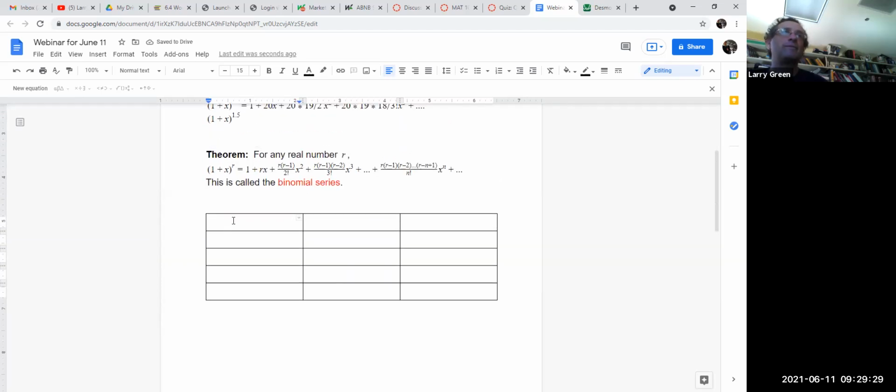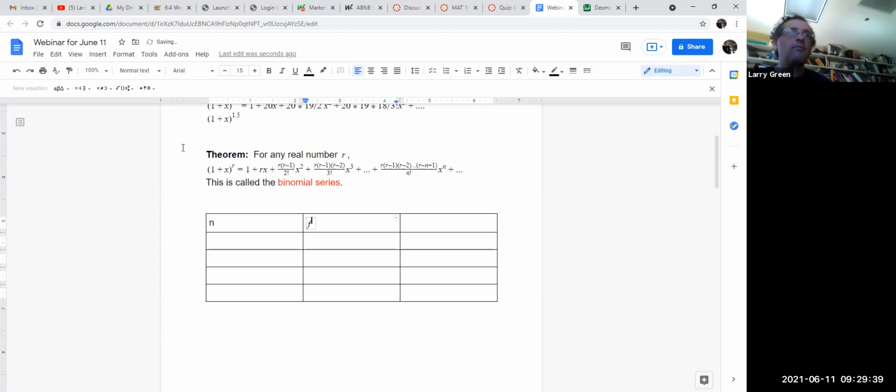I make a table. We have n, and we have f^(n)(x). If n is 0, then it's just (1 + x)^r.